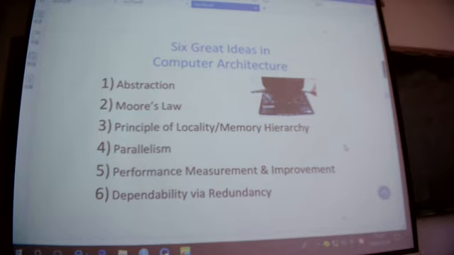You can recover the 6 great ideas. 1 is abstraction, 2 is Moore's law, 3 is principle of locality or memory hierarchy. 4 is parallelism, 5 is performance measurement and improvement. 6 is dependability via redundancy. So there are 6 great ideas in computer architecture. If you have time, you can look at the slides.